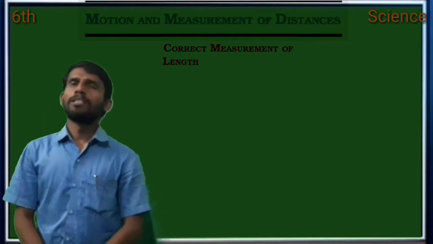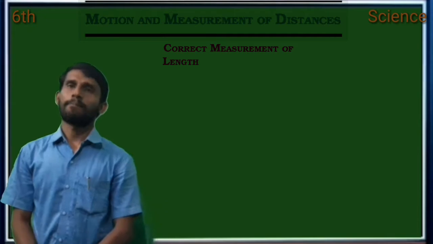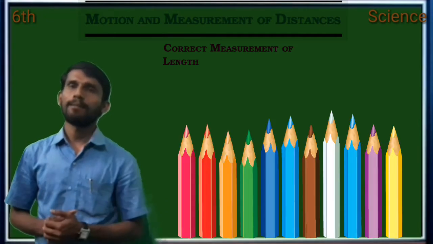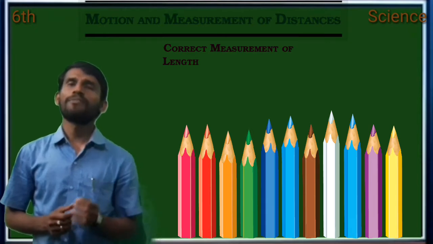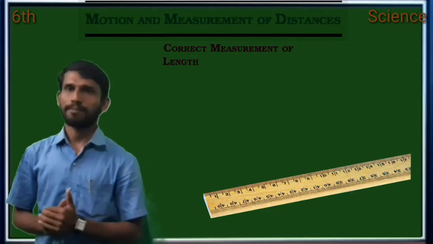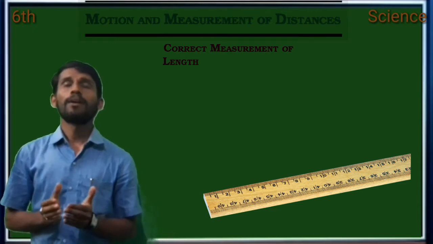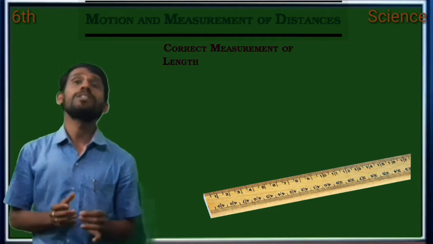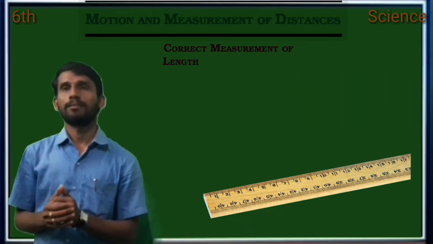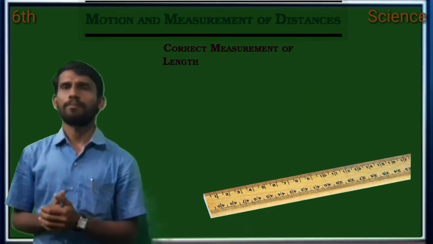Dear student, for small measurements, for example the length of your pencil, you can use a 15 centimeter scale from your geometry box. If you measure cloth using a 15 centimeter scale, that is not suitable.